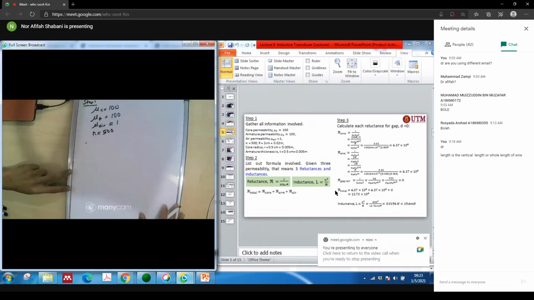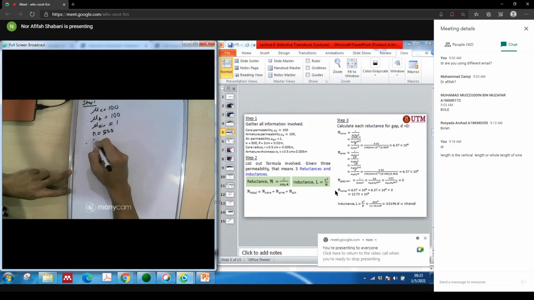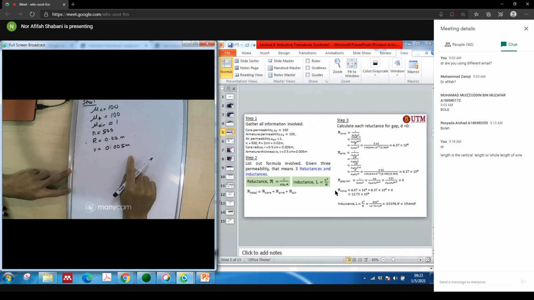Then R equal to 2 cm, which you convert into meters, and the small radius r equal to 0.5 cm, which is 0.005 meter, and the thickness T equal to 0.005 meter.